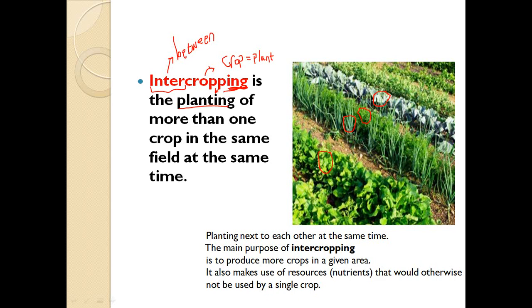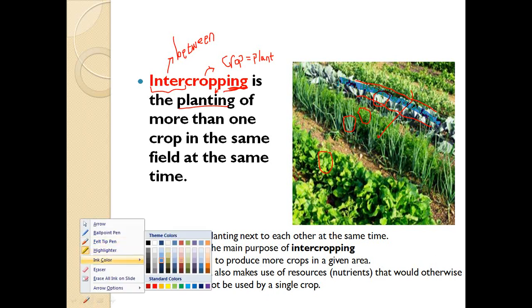We name this intercropping. Like here I have gray plant in the middle. It is planted between two green plants or two green crops. Again, here we have blue or gray plants, crops.